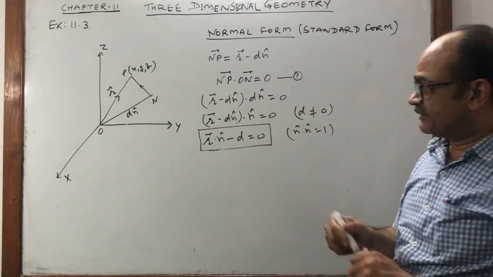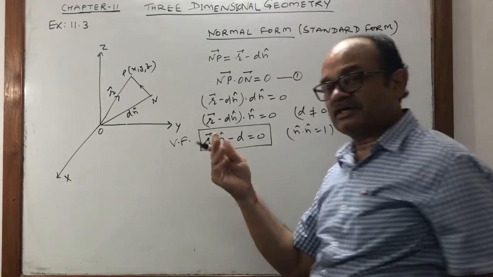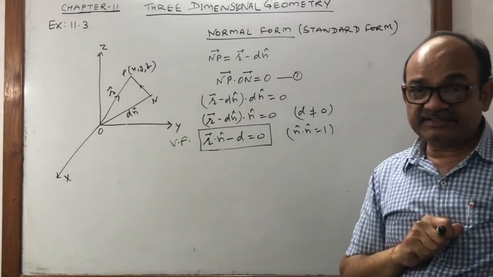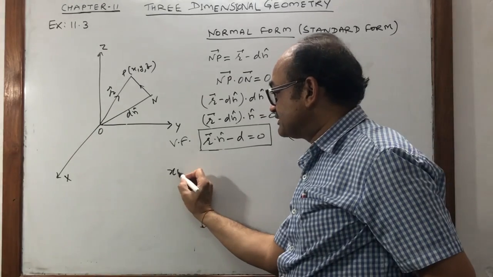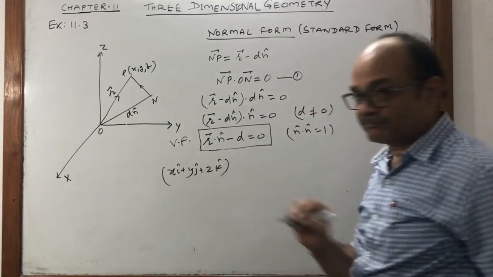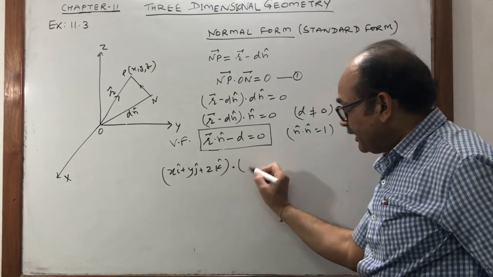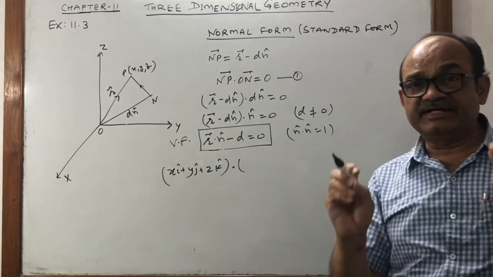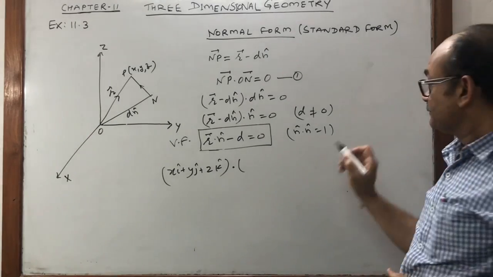Now we want to convert this vector form into Cartesian form. How we convert? R means point is x, y, z. It means the position vector is xi plus yj plus zk. Clear for R? Dot n cap. Suppose this n cap having DCs l, m, n.